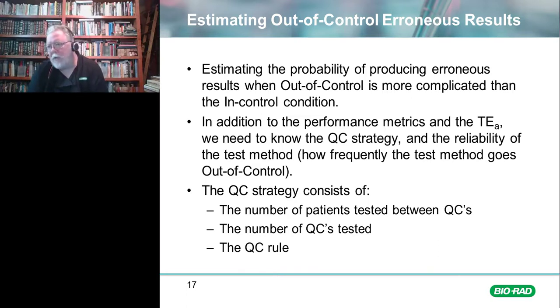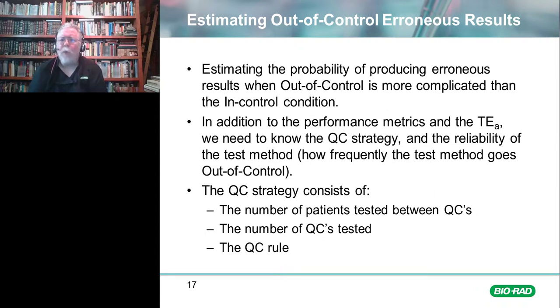The number of erroneous results we're going to produce directly depends on the size of the error condition, but it also depends on how long it's going to take us to detect that we have an error condition.